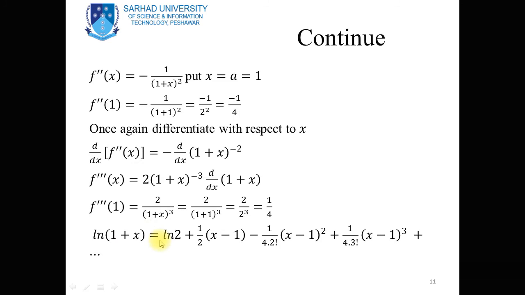So the second order derivative is equal to minus 1 over 1 plus x whole square. Now putting x is equal to 1, we obtain the second order derivative of the function at x is equal to 1, which is equal to minus 1 over 1 plus 1 whole square, which is equal to minus 1 divided by 2 square, which is equal to minus 1 over 4.